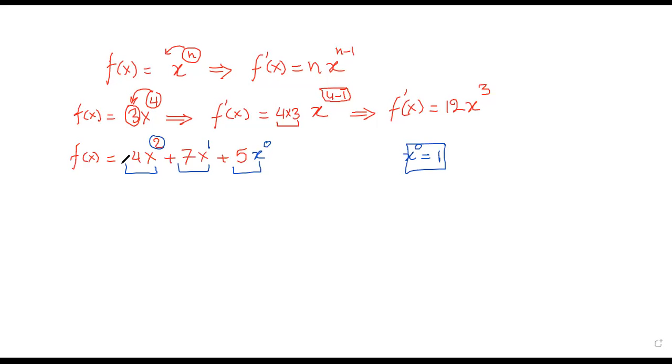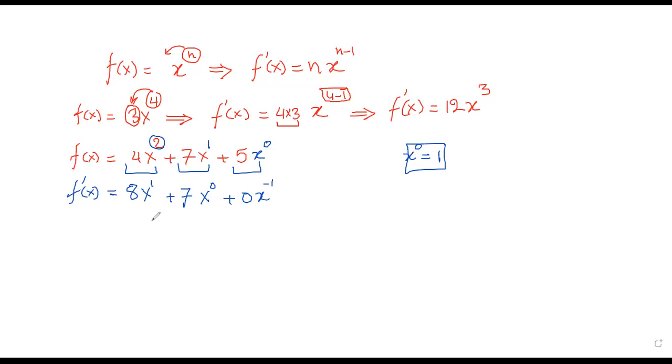So, let's differentiate. F prime x is equal to 2 times 4, that's an 8, x to the power 1, because 2 minus 1 is 1, plus 1 times 7, that's a 7, x to the power 1 minus 1, that's a 0, plus 0 times 5, that's a 0, x to the power negative 1.